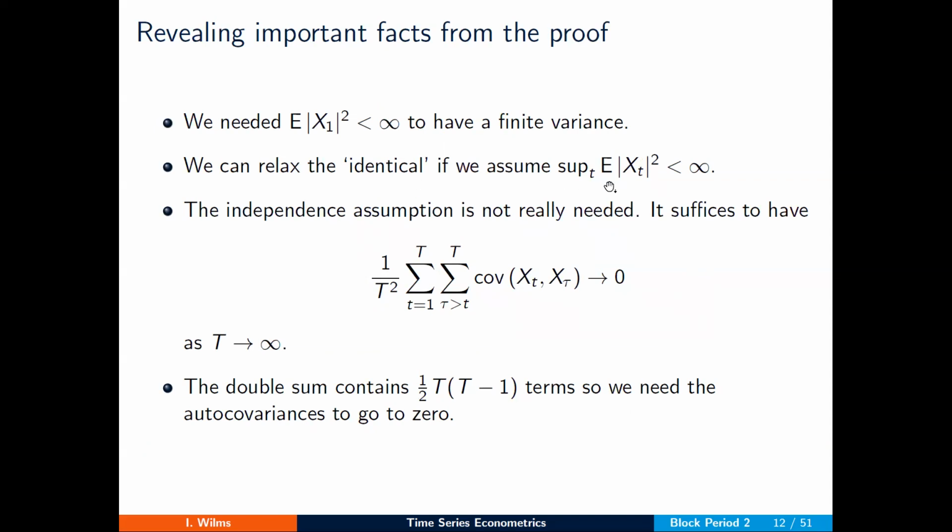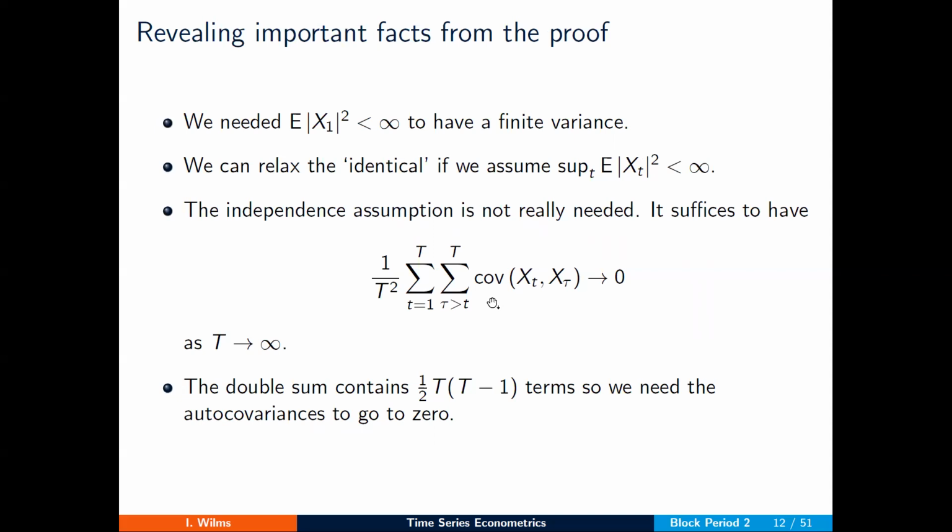As long as actually the supremum over all the second moments is finite, well, that will also do the job. Moreover, also the independence assumption is not really needed. As long as all of these cross terms over here vanish in the limit, then we can also establish our desired result.